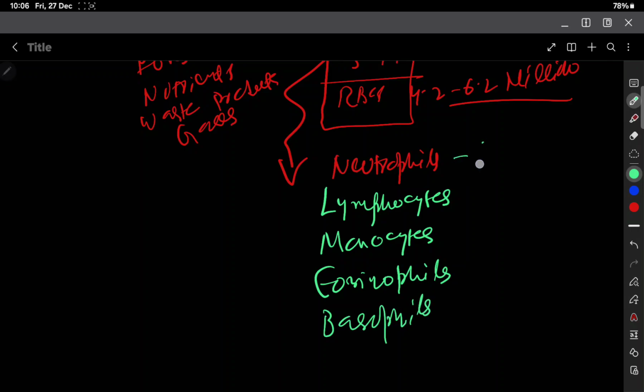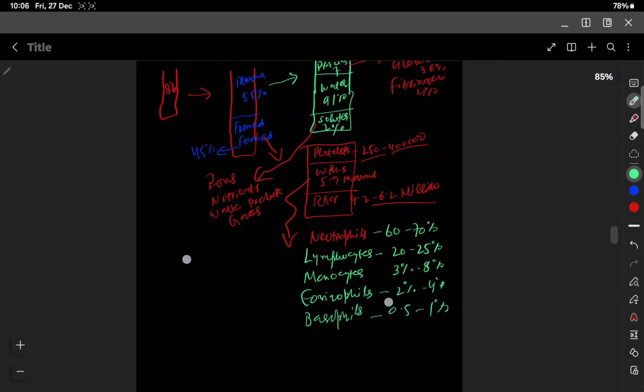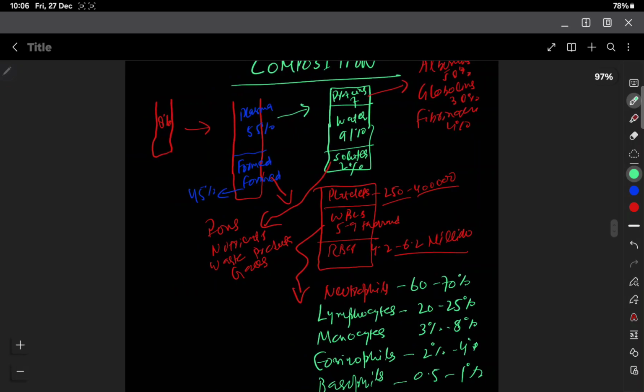Neutrophils are almost 60 to 70%, lymphocytes 20 to 25%, monocytes 3 to 8%, eosinophils 2 to 4%, and basophils 0.5 to 1%. So these are the components of the blood.